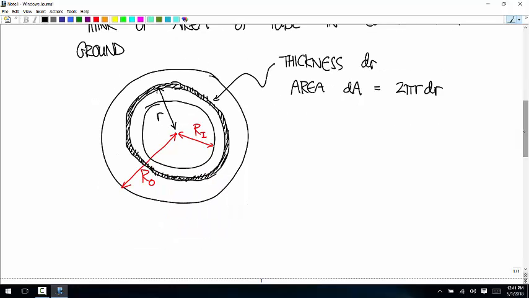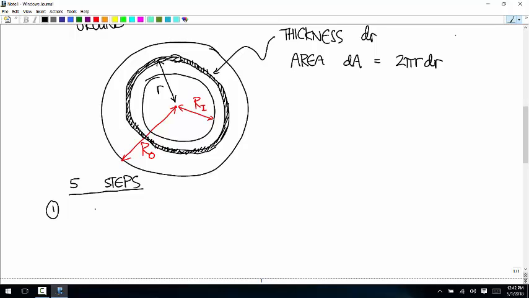There are 5 steps to doing this calculation. And you're going to need to be able to do this. The first one is, since we're going to be doing everything in terms of these infinitesimal areas dA, we need to figure out the force per area. Okay.